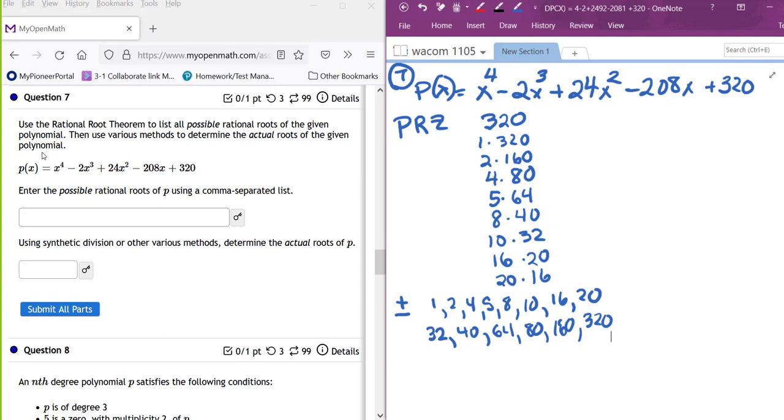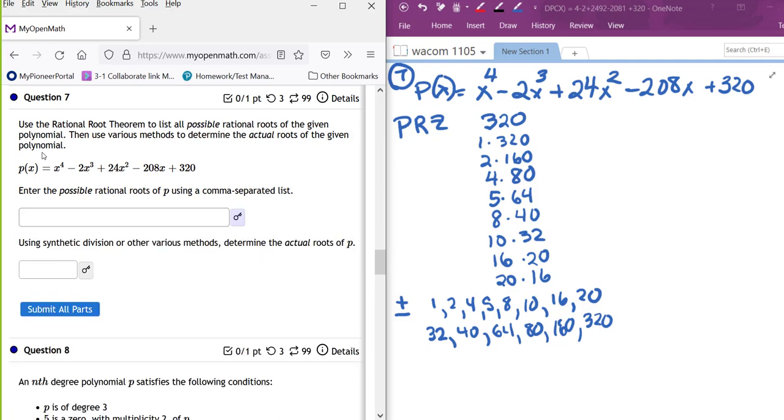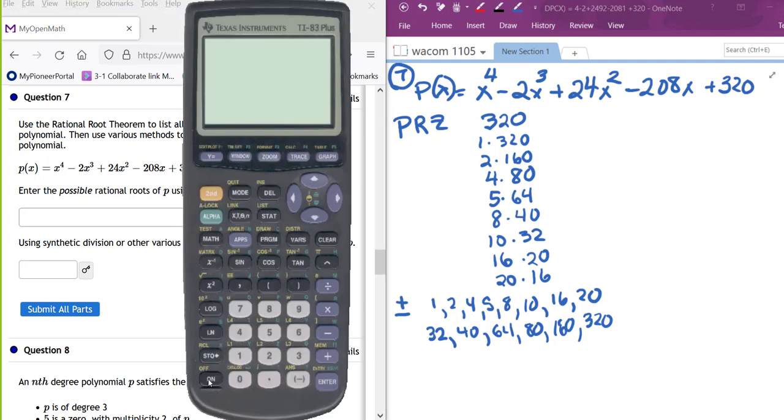So this is the first piece of the answer. There you go. Should be right. But now we want the actual zeros. So we're not going to guess. We are going to go to the calculator, and we're going to enter this.